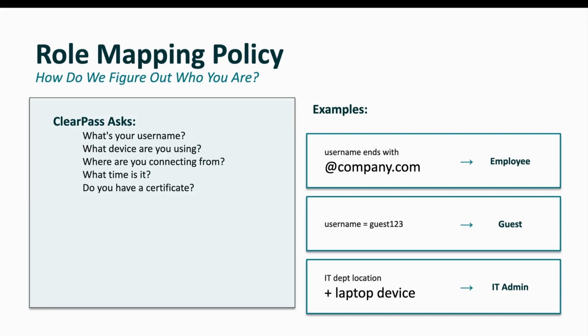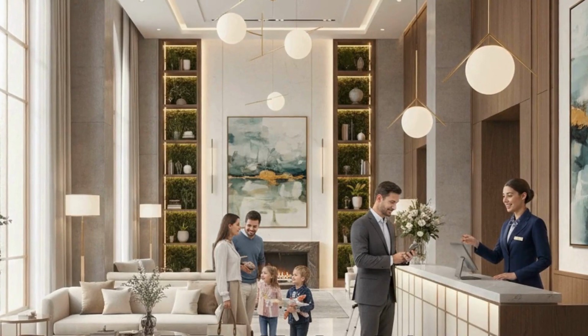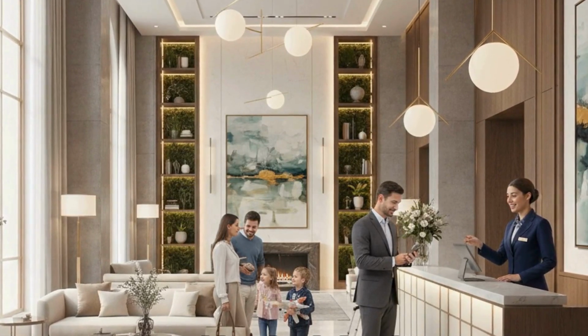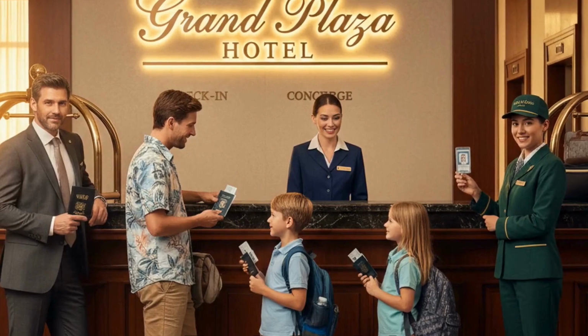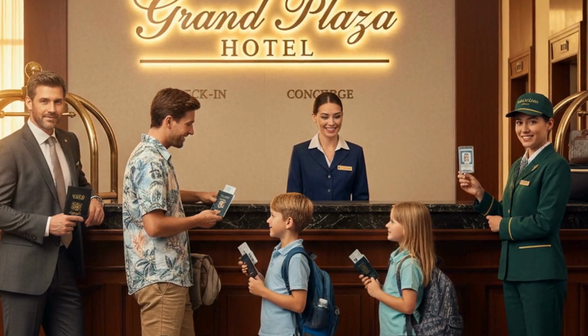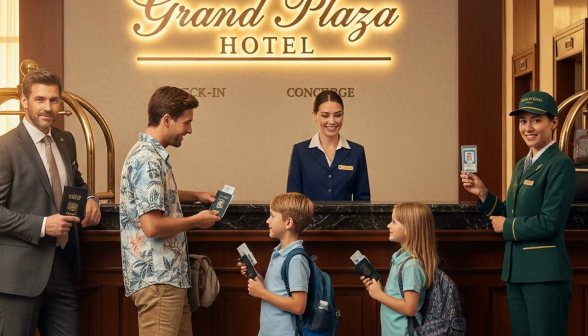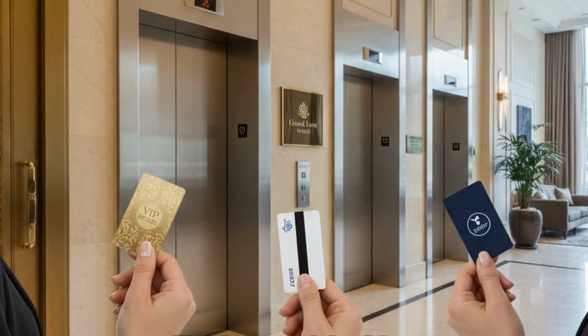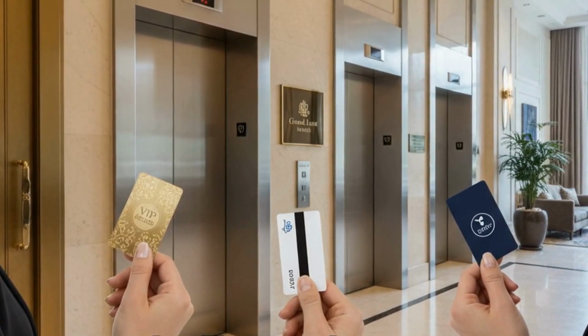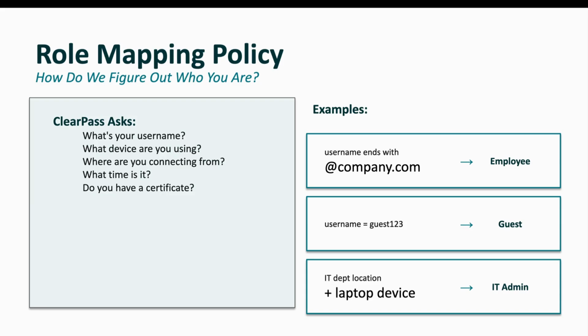This is like the hotel front desk checking your reservation and ID. When someone tries to connect to your network, ClearPass asks a bunch of questions: what's your name? What type of device are you using? Where are you connecting from? What time is it? Are you using a certificate? Based on these answers, it assigns an appropriate role.